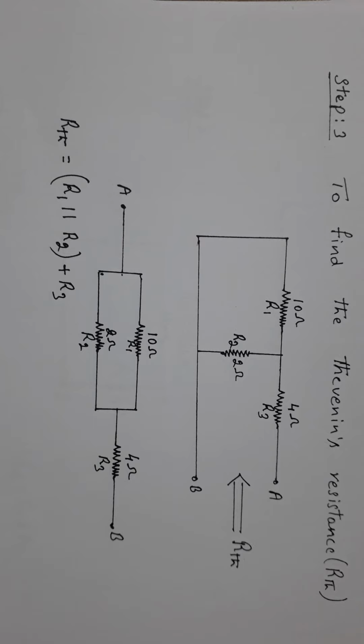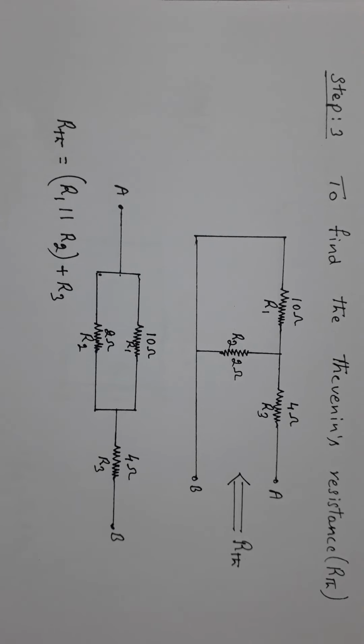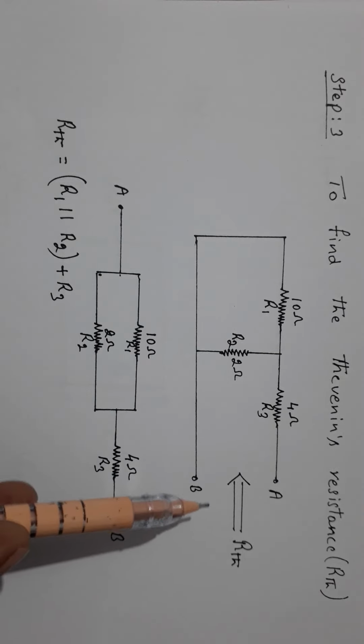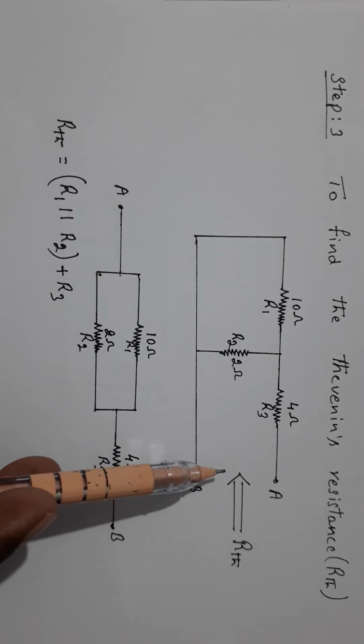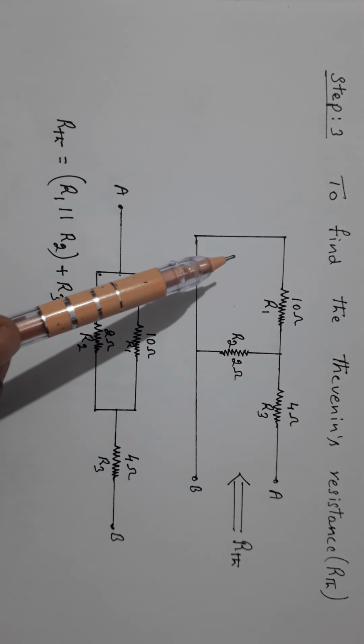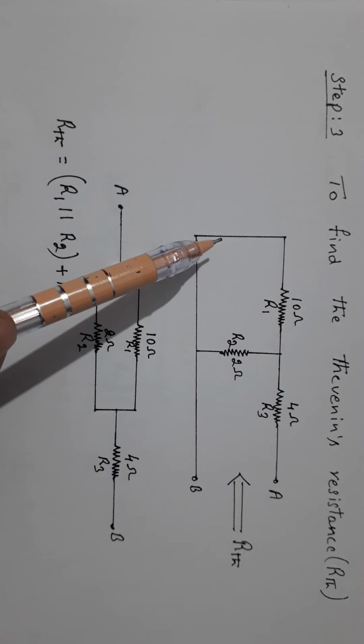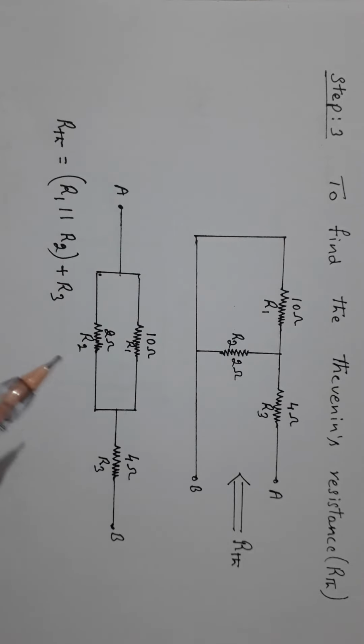Next, step 3. We must find the Thevenin's resistance RTH. To find the Thevenin's resistance, look back from the load terminals in the network, replacing the voltage source by short circuit and by their internal resistance, and current source by open circuit.